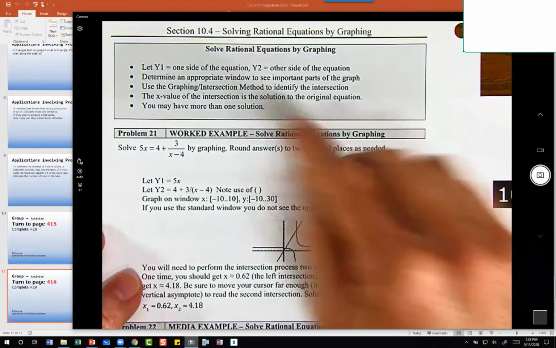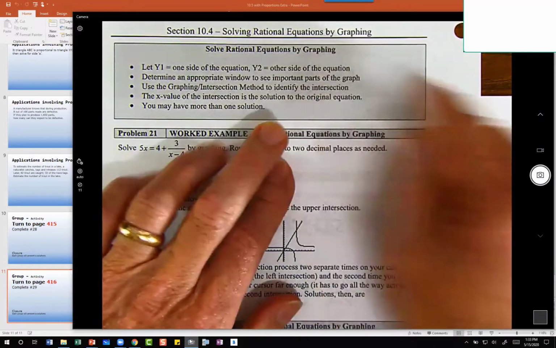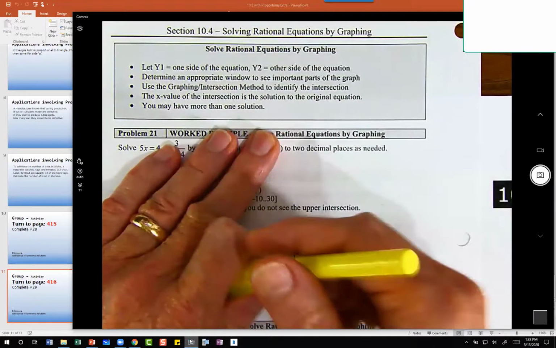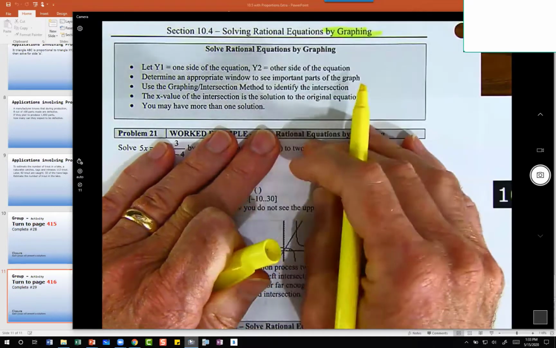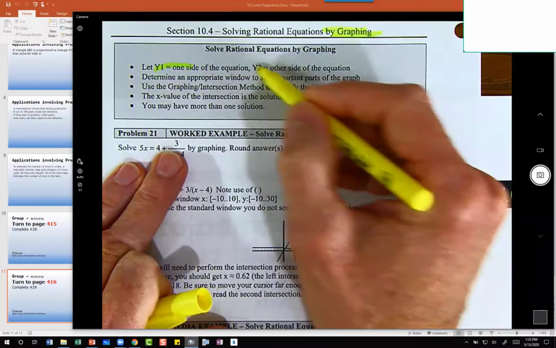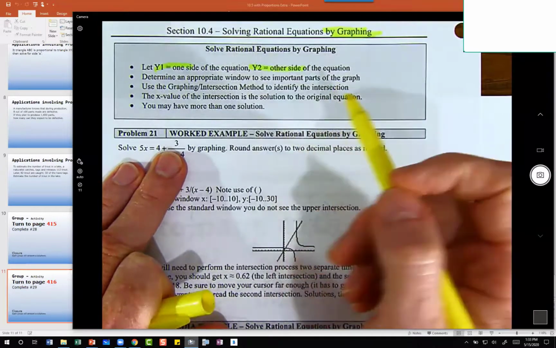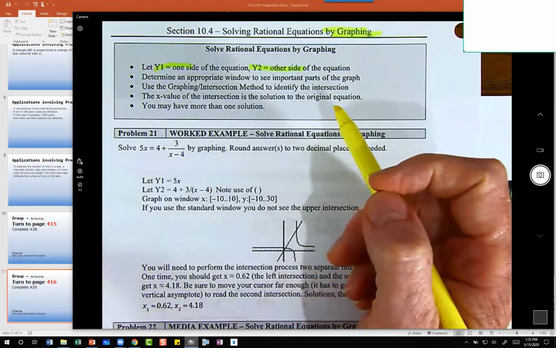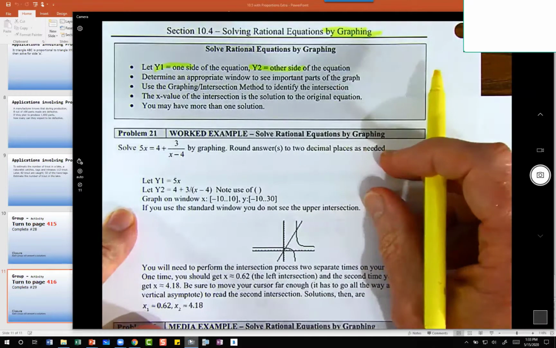So 10.4, we're going to solve the rational equations, but we're going to start off by doing them with graphs. And you may recall, I hope that you already know how to do that, where you take y1 to be one side, y2 to be the other side. So you split the equation in two parts, you make a graph of each one, and you look to see where they intersect.